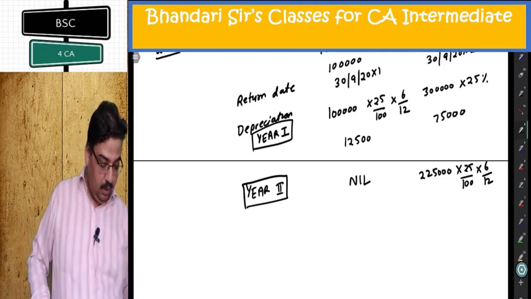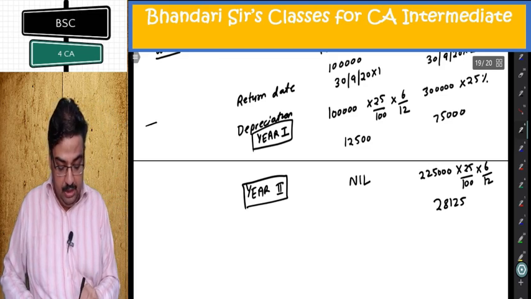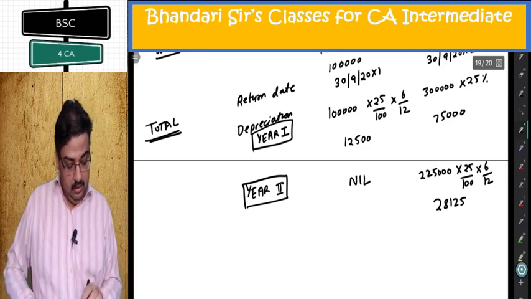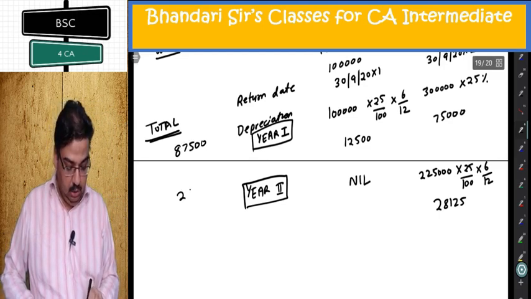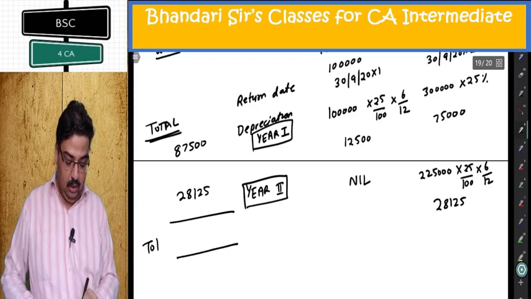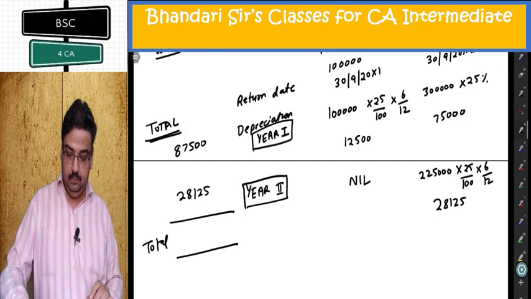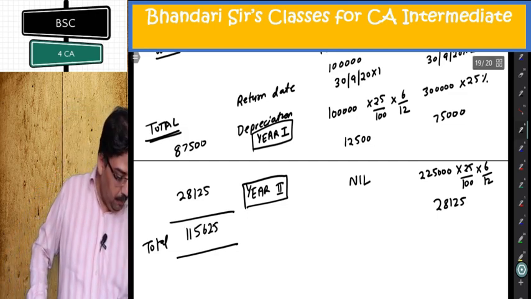This is 28,125. So year 1 depreciation total is 87,500, 28,125 in second year. Aggregate total depreciation in 2 years 115,625.